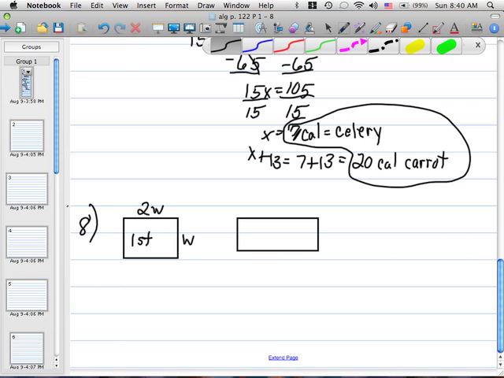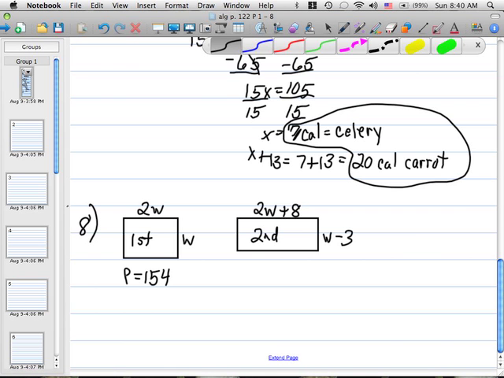Then you have this second rectangle, which is 8 centimeters longer, so that would be 2w plus 8. And 3 centimeters narrower would be w minus 3. Then they tell you that the first rectangle has a perimeter of 154.